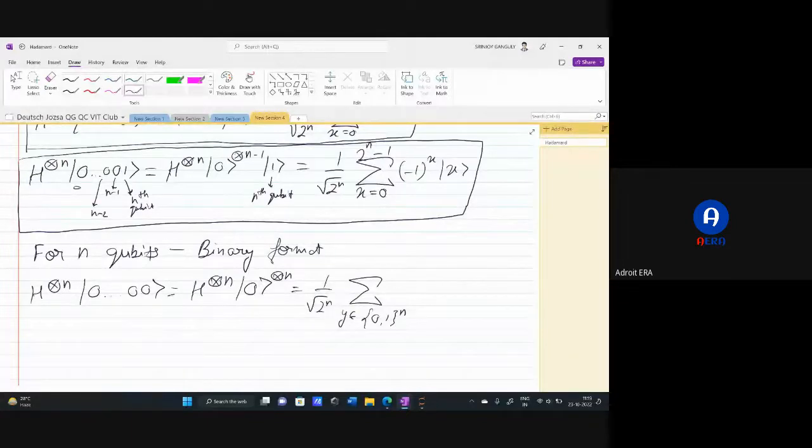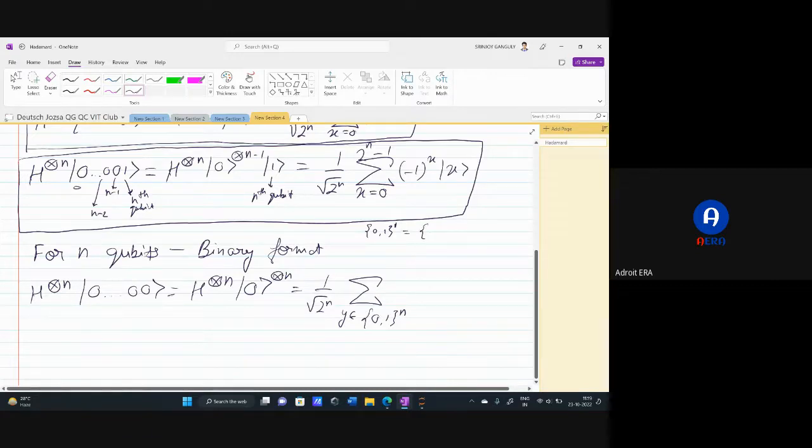So for example, {0, 1}, and let's say n is 1. So let's say the power is 1. What will be the values which you will get? You are going to get 0 comma 1. And for n equal to 2, you are going to get 2 squared, 4 results.